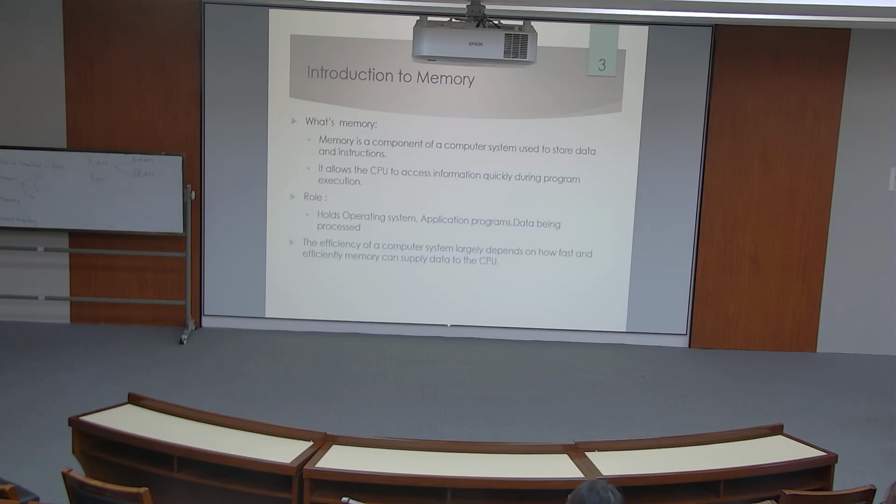So the whole performance of the computer system does not only depend on the central processing unit, we also need to take into consideration the memory access time and other factors that are linked with the memory system.